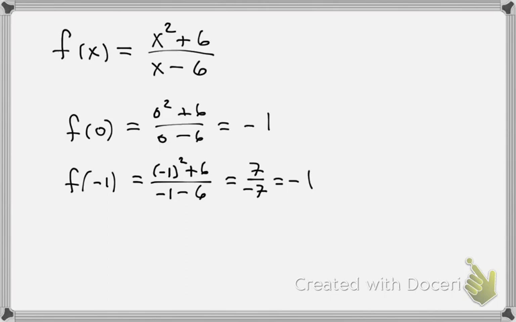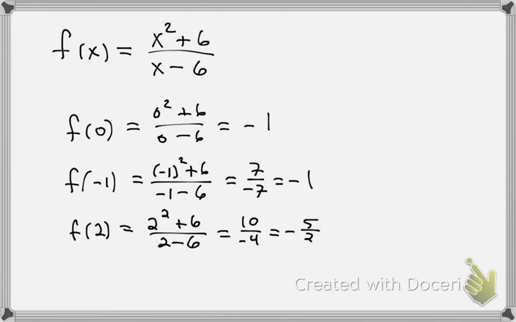Coincidence. Can I do f of 2? So that's 2 squared plus 6 over 2 minus 6, right? That would be 10 over negative 4. Uh-oh, negative 5/2. Not always the same answer.